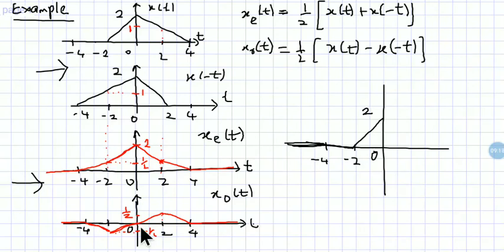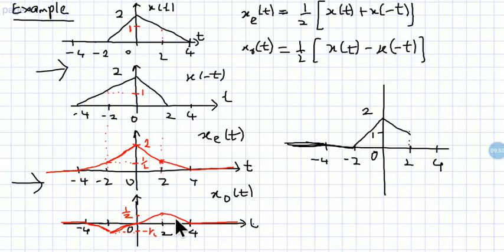Then from 0 until 2, you add this part to this part. This is half, this is half, so you get 1. From 2 until 4, that amplitude starts from half, and that also starts from half.